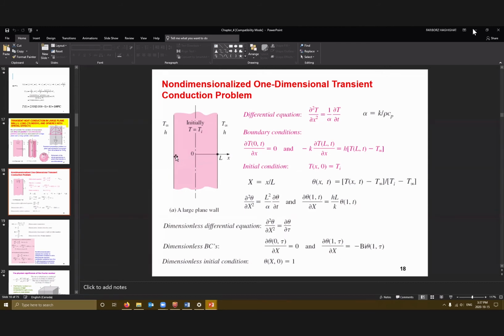I use this solution because the temperature profile from x to L is the same on both sides. So rather than a block of L thickness, I use a block of 2L thickness and apply the solution for that. Did I answer your question? If not, tell me and I will explain it again. I get it perfectly. Thank you. No problem.